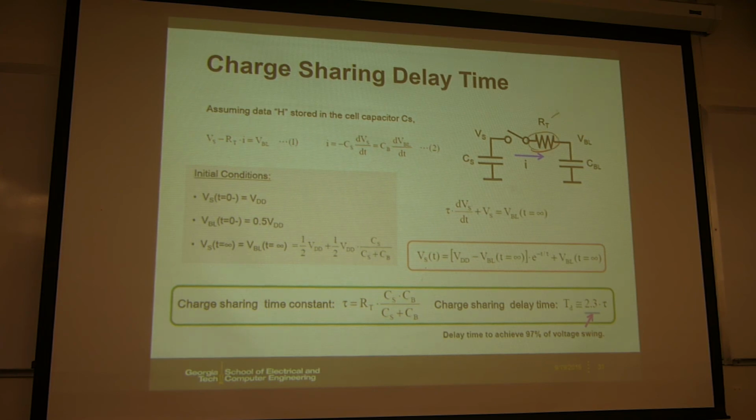This is the channel resistance of that transistor. And for this simple circuit, you know this is first order RC circuit, and you know the solution for the voltage is something like this. I will skip that. But the most important thing is the time constant is RC.